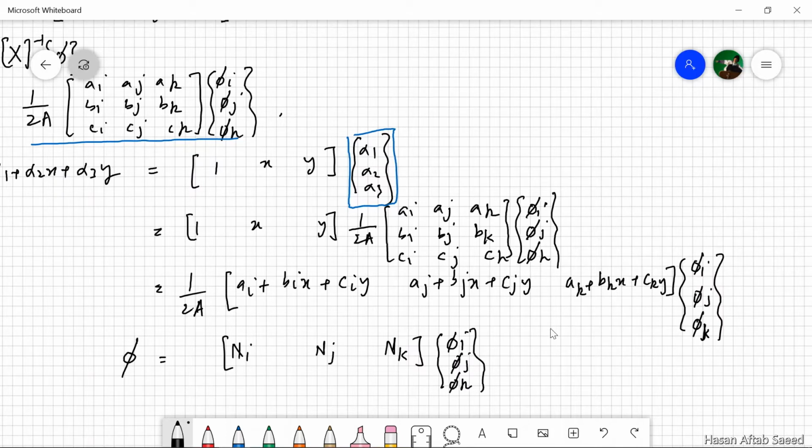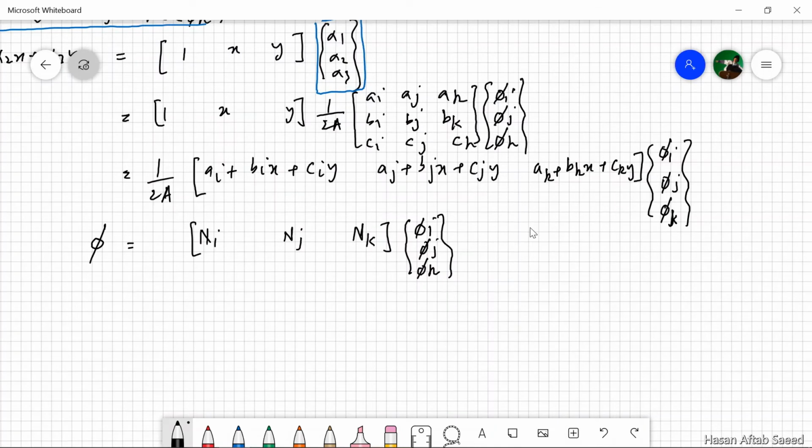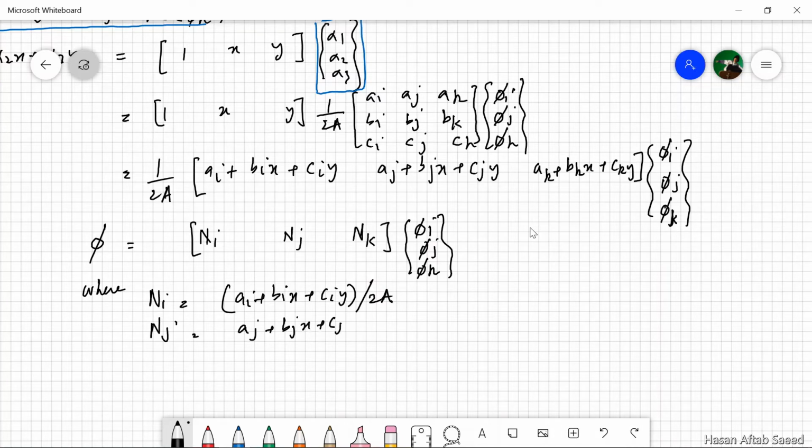So this is an interpolation function where Ni is equal to ai plus bix plus ciy over 2a, Nj is equal to aj plus bjx plus cjy over 2a, and Nk is equal to ak plus bkx plus cky over 2a.